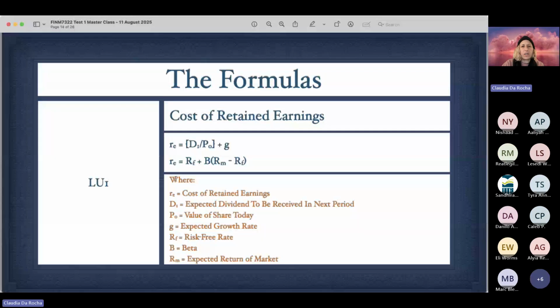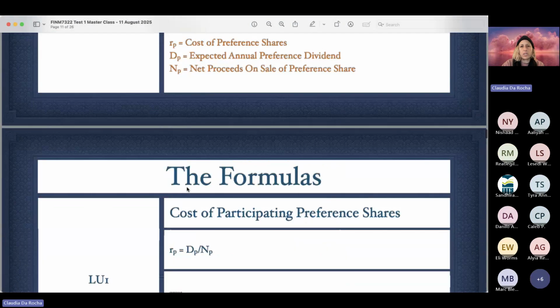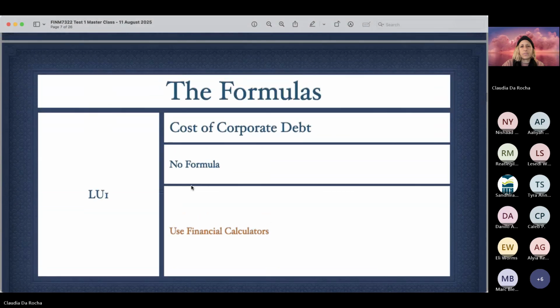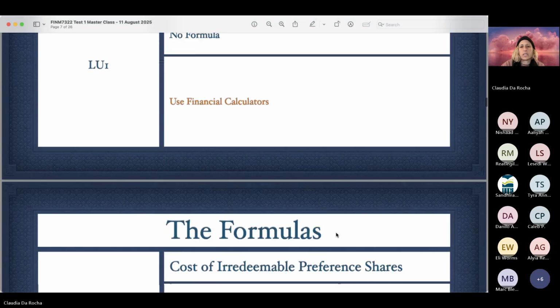If I share my screen again and go back, it's part of the corporate debt part. Any bonds, convertible bonds, normal bonds will fall under your corporate debt, and you use your financial calculator to calculate that. Hope that's answered the question.